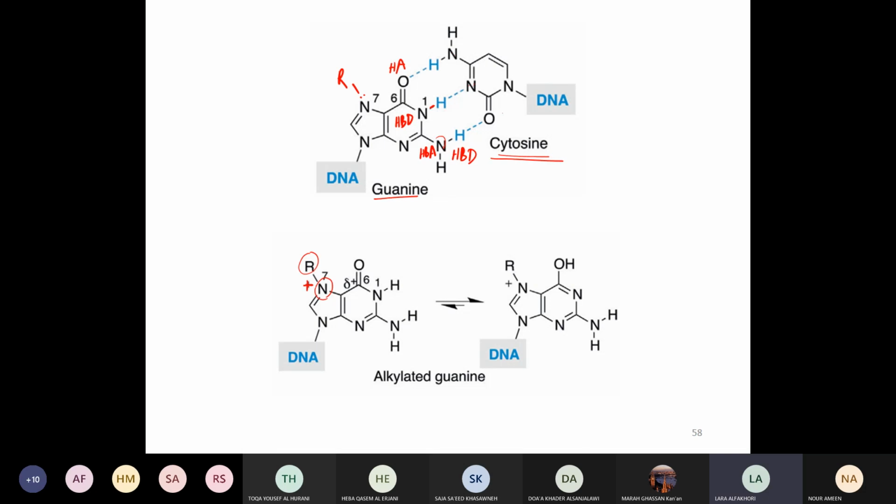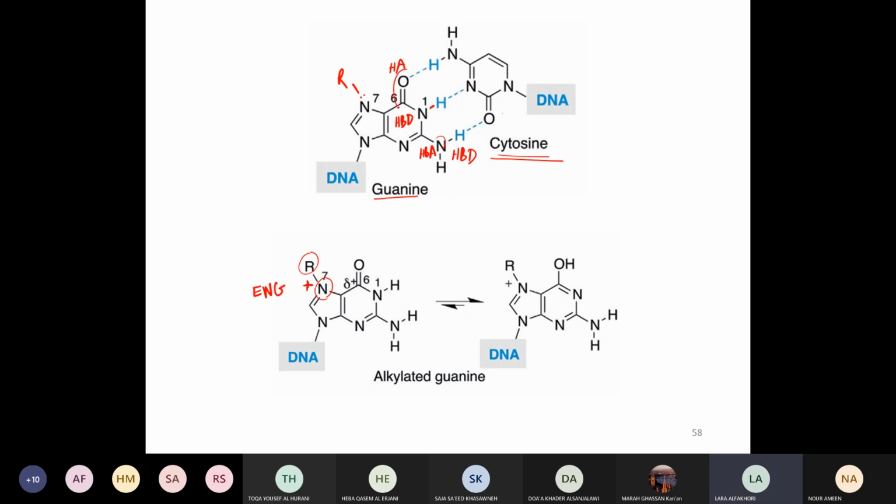Now being permanently positively charged, is nitrogen number 7 becoming electron withdrawing or electron donating, inductively? Yes, it will be a very strong electron withdrawing group.